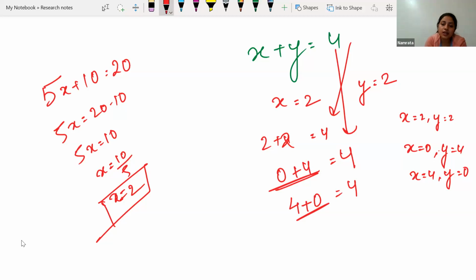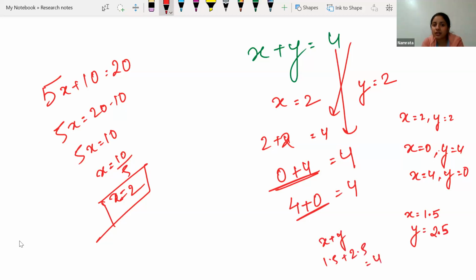If I'm talking about decimal numbers, we can also take x as 1.5 and y as, let's say, 2.5, and both added together, x + y, that means 1.5 + 2.5, make 4. So this can also be the point.